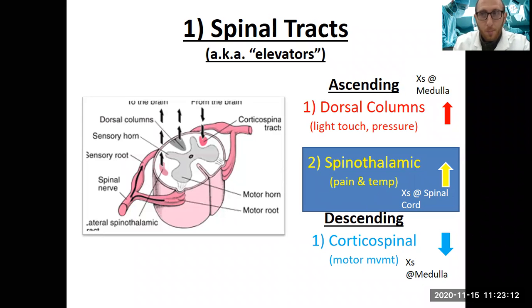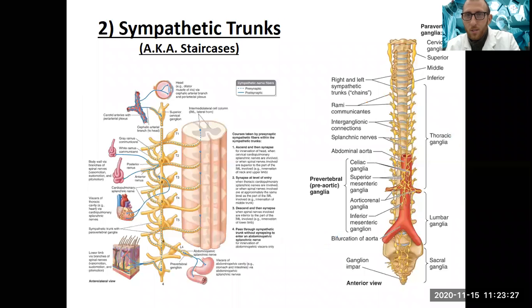I like to call these spinal tracts elevators, because I want you to separate this type of information, light touch, pain and temperature, motor movement, from a different type of information or signal, and that's the sympathetic nervous system. So when we think sympathetic nervous system, we're talking fight or flight.